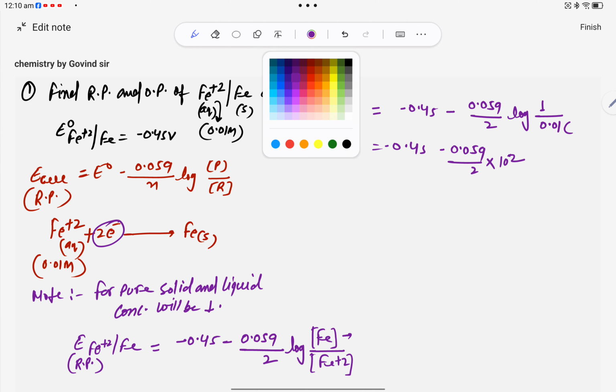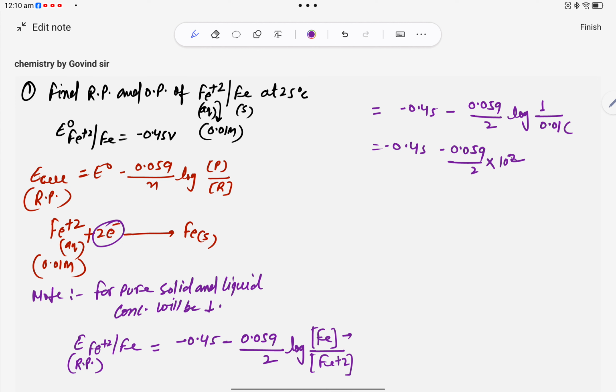See, no need to confuse. It is log 1 upon 10 to the power minus 2. So minus 0.45 minus 0.059 upon 2. It will be log 10 to the power 2. So log m to the power n is n log m.